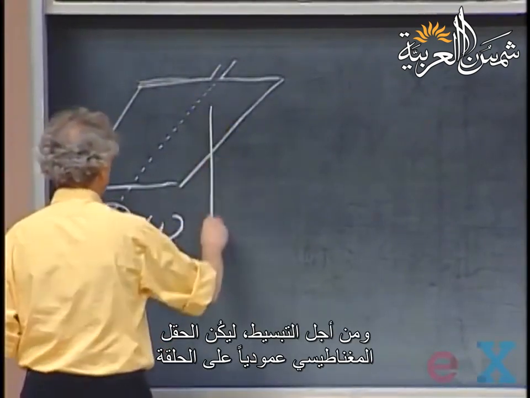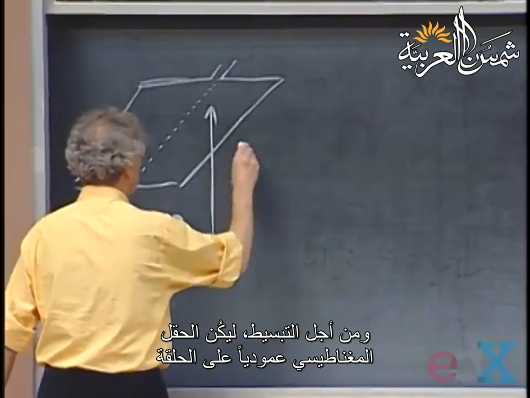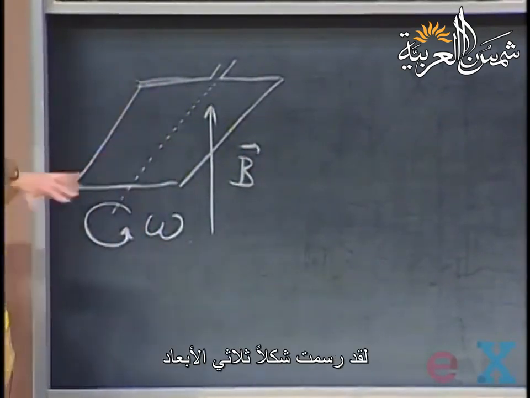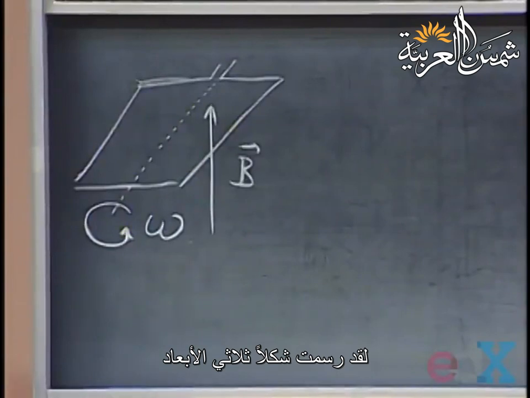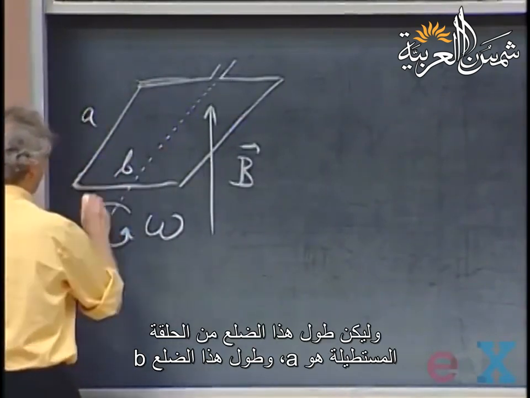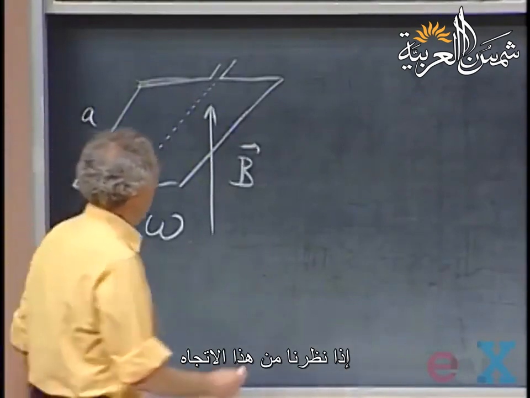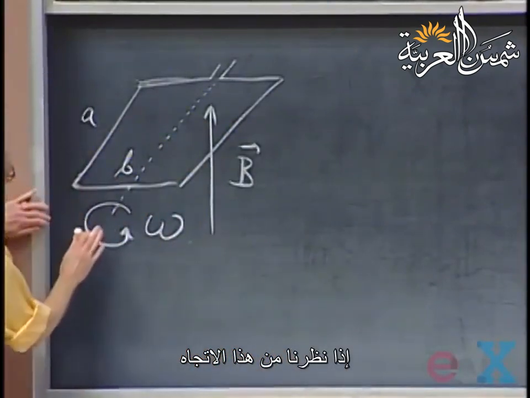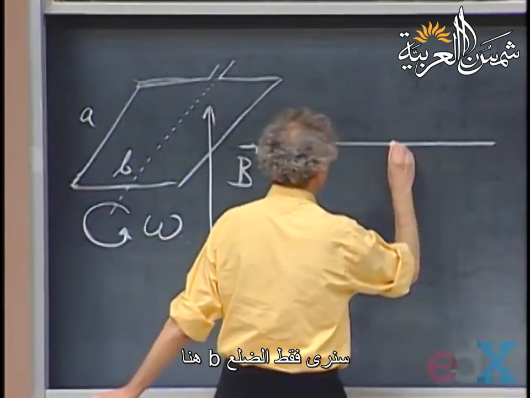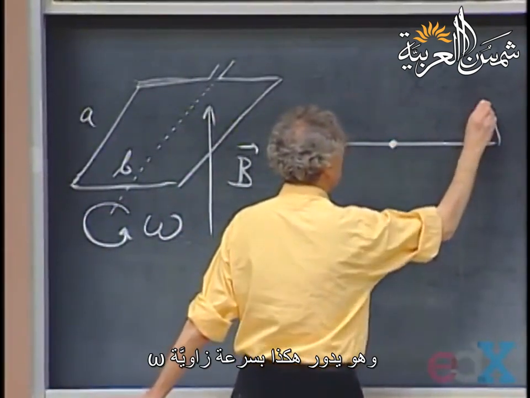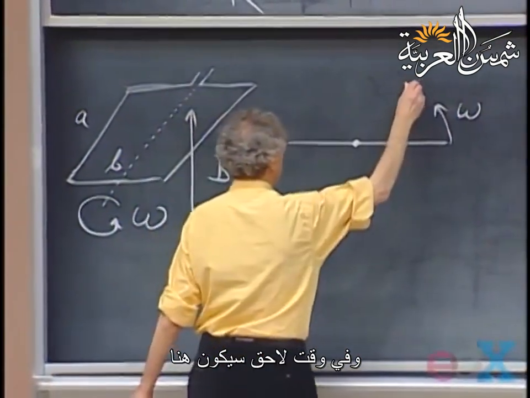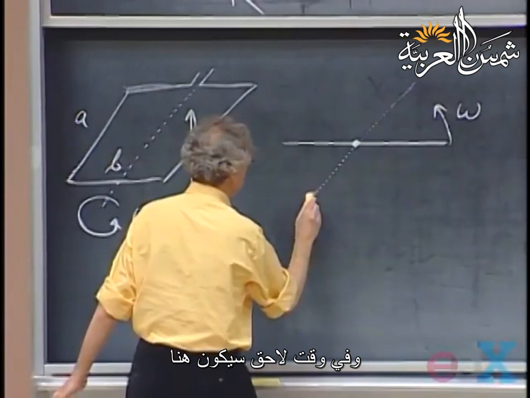And for simplicity, let's have a magnetic field just straight up. This is supposed to be three-dimensional, that's my idea. And let this side be length A and this B. So if you look at it from this direction, you will only see the line B here. It's rotating like this with angular velocity omega. And a little later in time, it would be here.